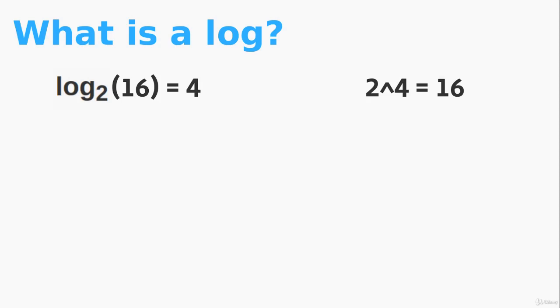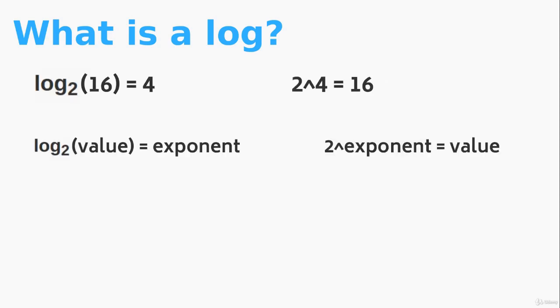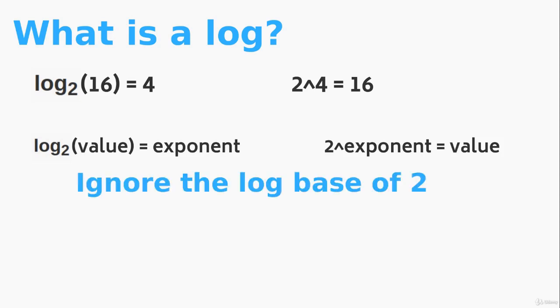If we took that 2, and had it be to the power of 4, we would find that 2 to the power of 4, the base to the power of the value, is actually equal to 16. So 2 to the power of the exponent is equal to the value.